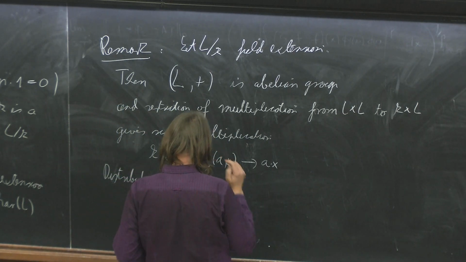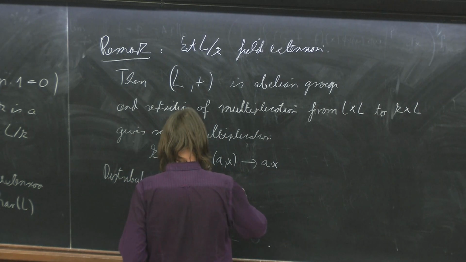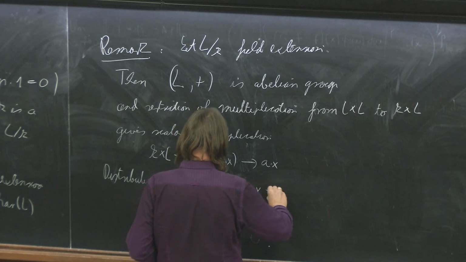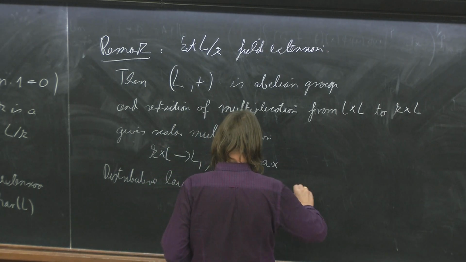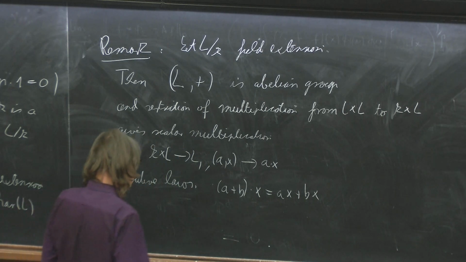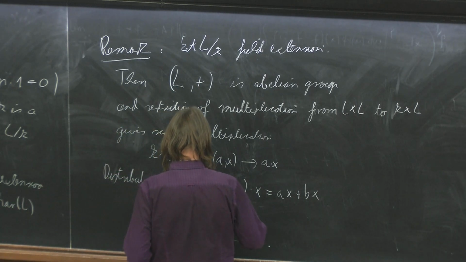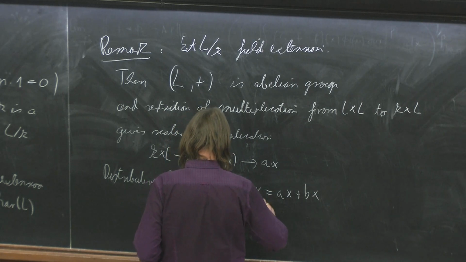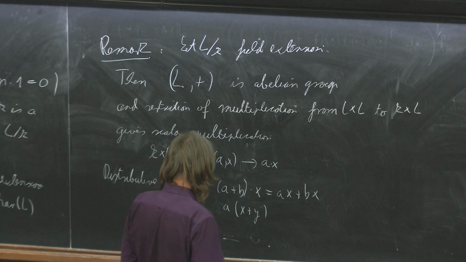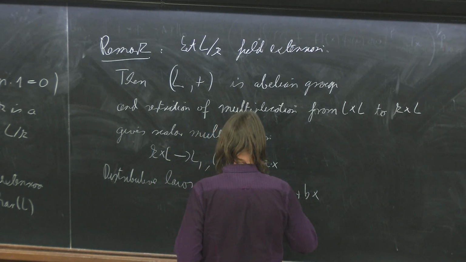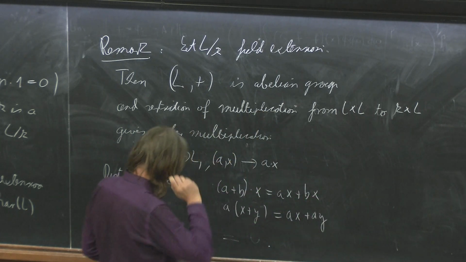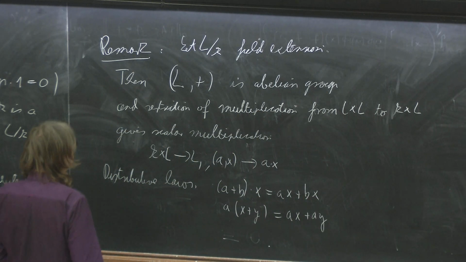For instance, (a plus b) times x is ax plus bx, where a and b are from K. It's just a special case of the distributive law in the field L. And a times (x plus y), where now a is in K and x and y are in L, is ax plus ay. Again, it's just a restriction of the usual distributive law in L.